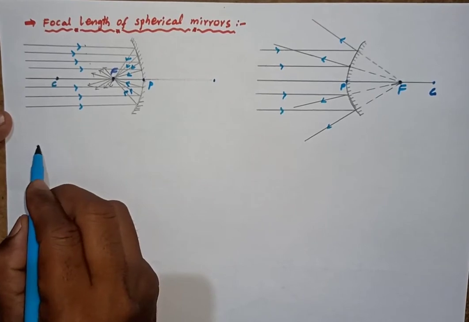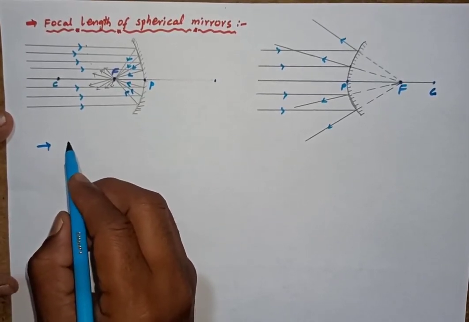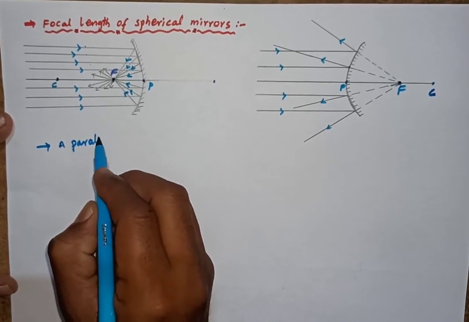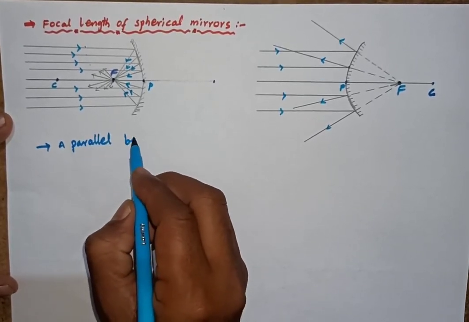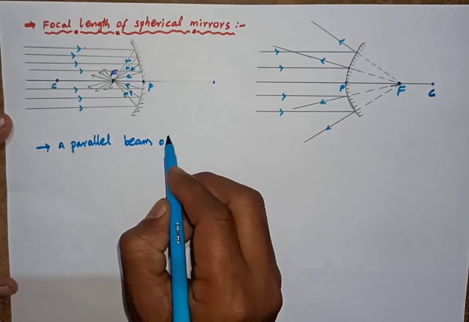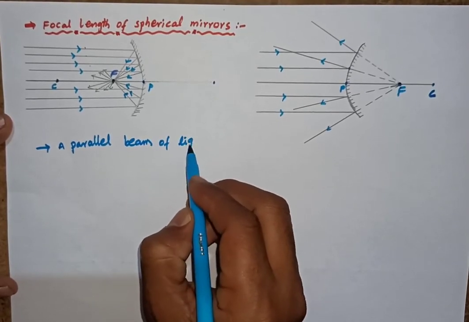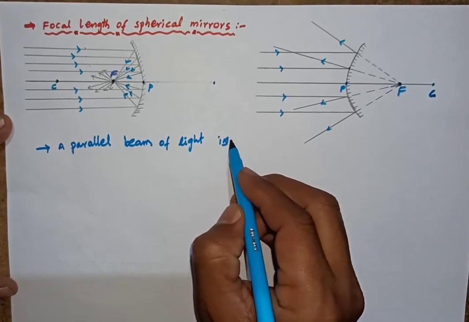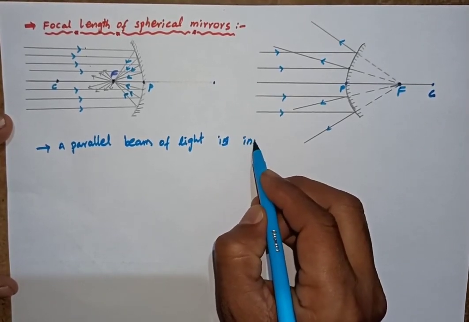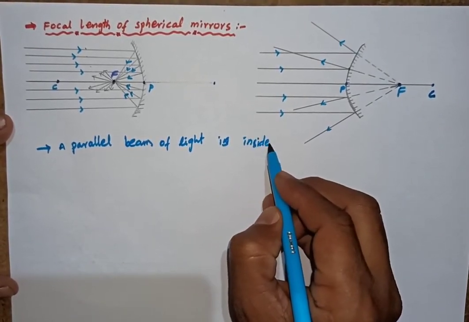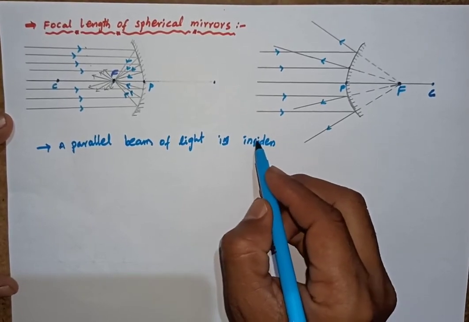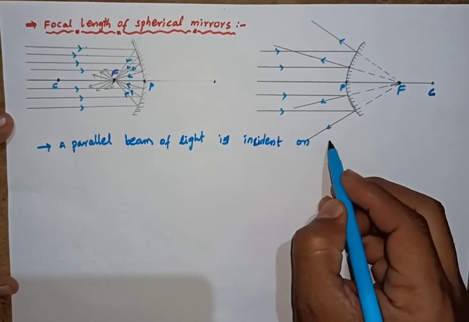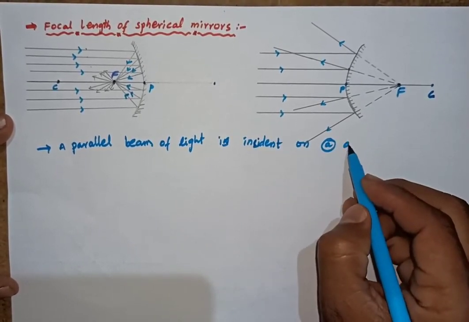Then we can write here: a parallel beam of light is incident on a concave mirror.